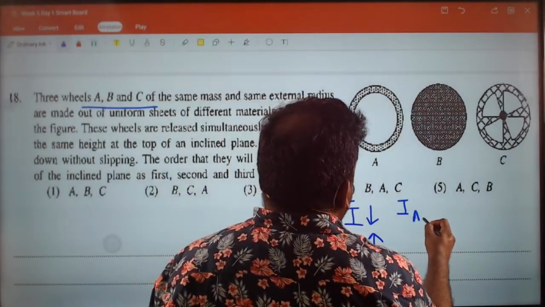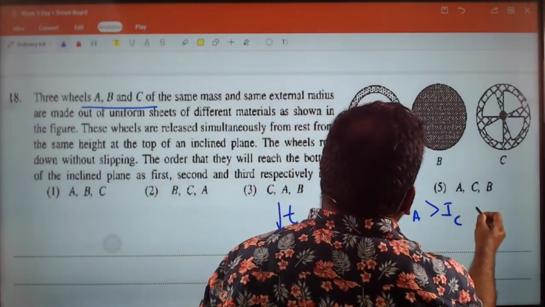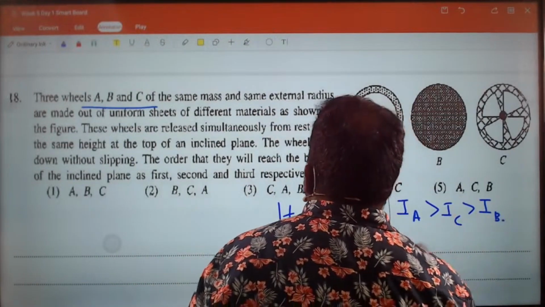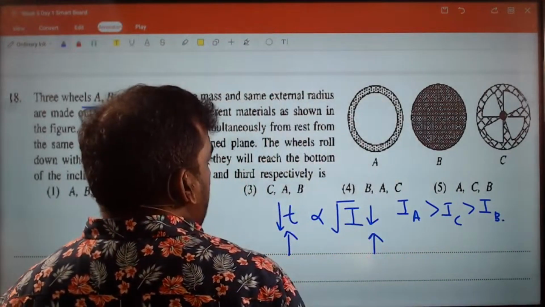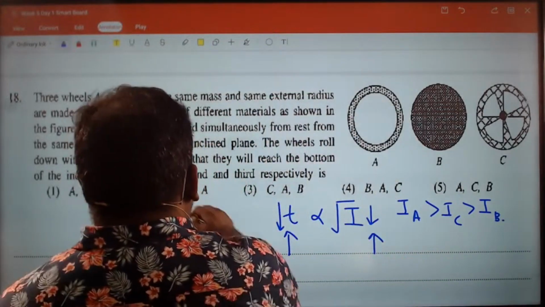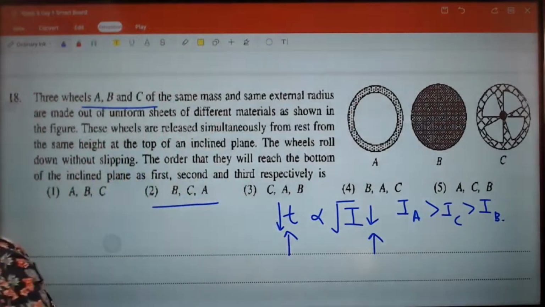IA is larger than IC, larger than IB. So which will reach first? The one with the smaller inertia. B, C, A. Correct answer is answer number 2. The time taken to reach the bottom depends on the moment of inertia.